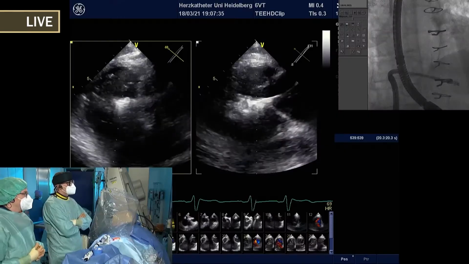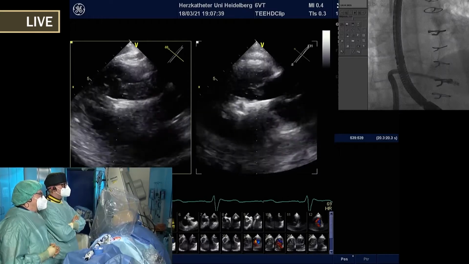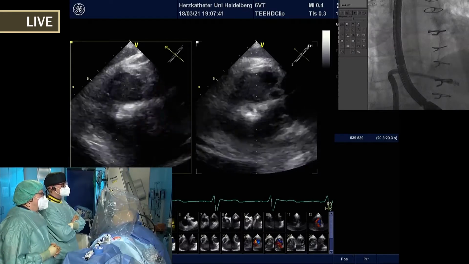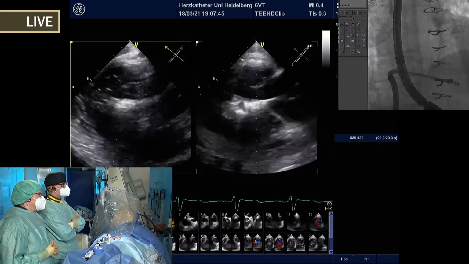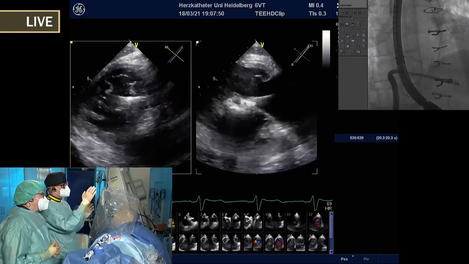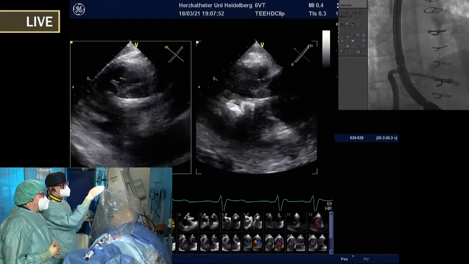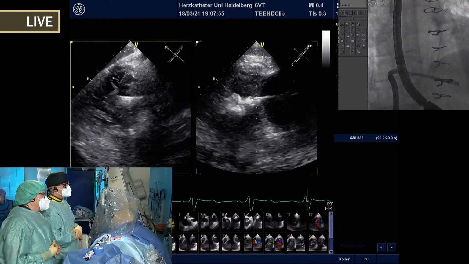I think it's super helpful. Most of the grasping we did in the transgastric view, because usually you get better images, and I think for the maneuvering, you get more. For me personally, I can easily navigate to the right spot where I want to place the device.